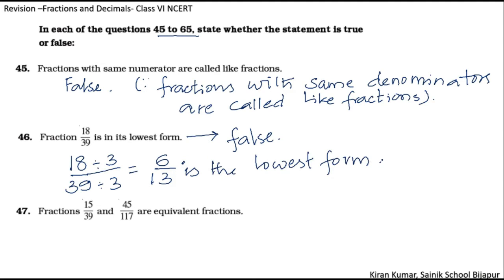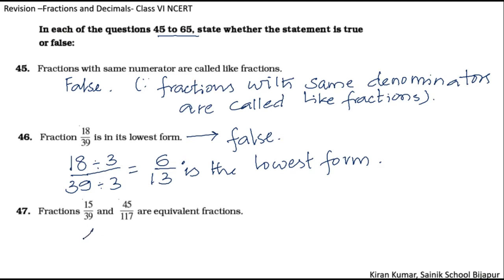Lowest form or the standard form is the one in which the numerator and denominator cannot be divided by any other number. Question 47. Fractions 15 by 39 and 45 by 117 are equivalent fractions.